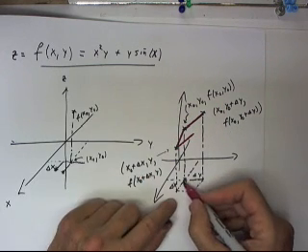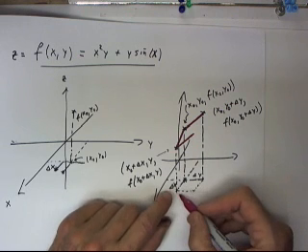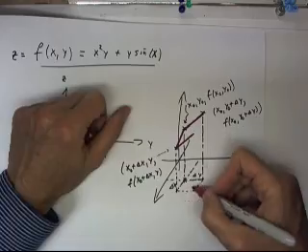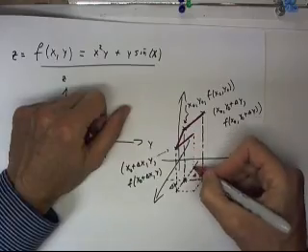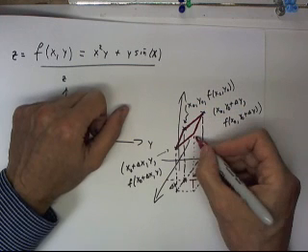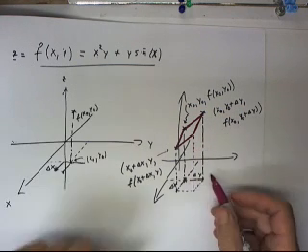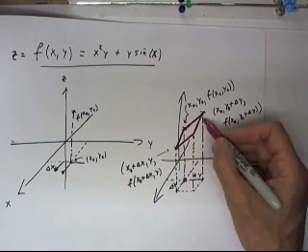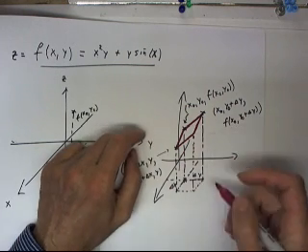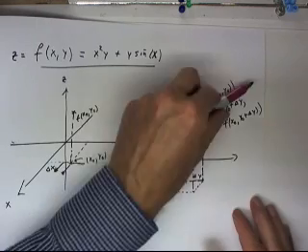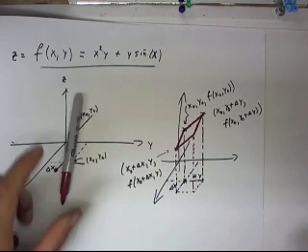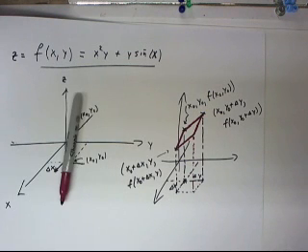Similarly, moving a small distance delta x isn't going to change the way the function behaves too drastically, so we can complete a picture of a section of this graph, f of x, y. It's increasing as we move in the y direction. It's decreasing as we move in the x direction.